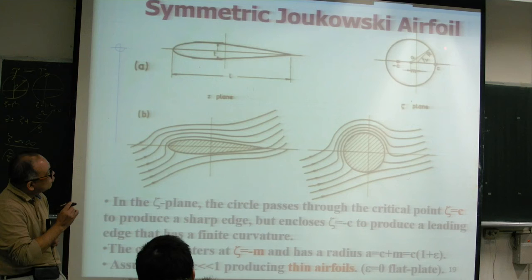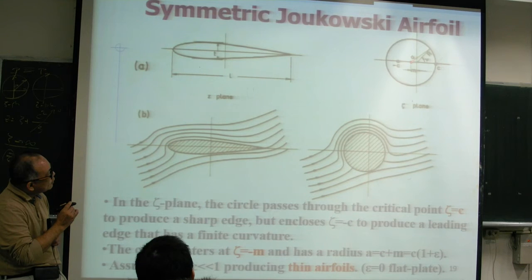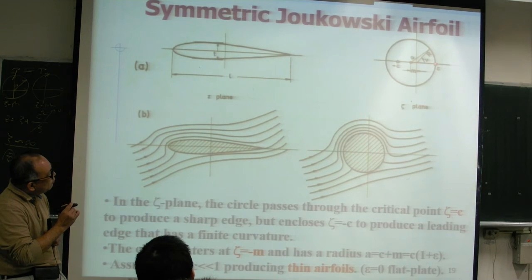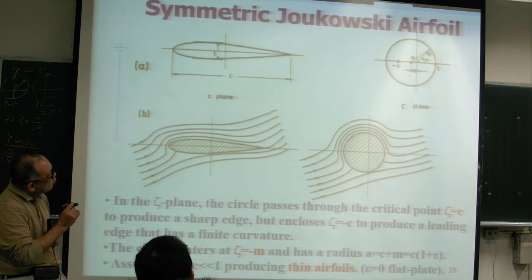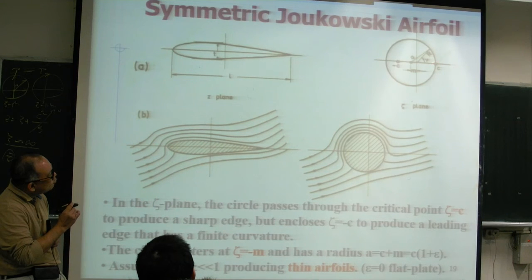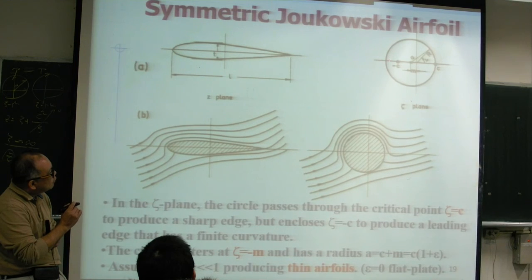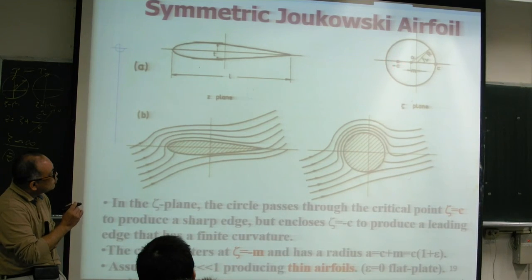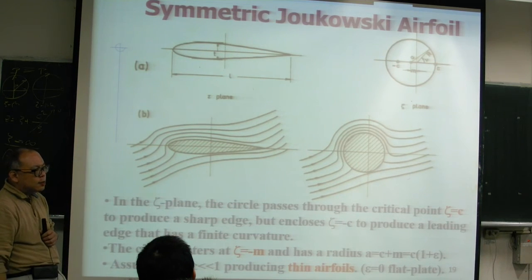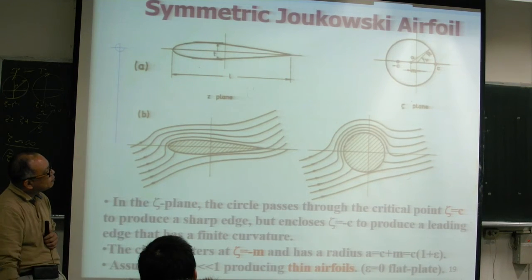I shift the circle to the left, by how much? By M. So the radius of the circle is A, and the intention is that our smooth curve will pass through this critical point. But since the circle is bigger than C here, this smooth curve doesn't pass through this critical point. Only one smooth curve, at the trailing edge here, will pass through our critical point.